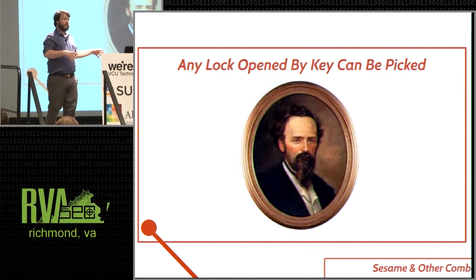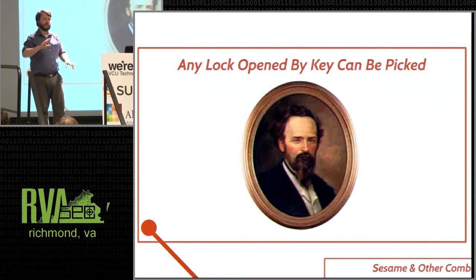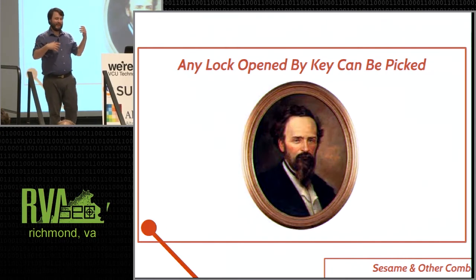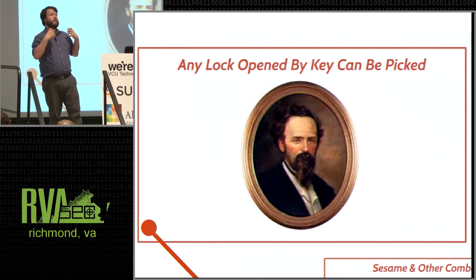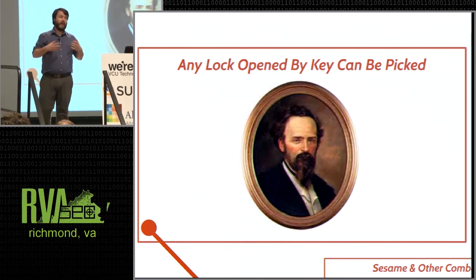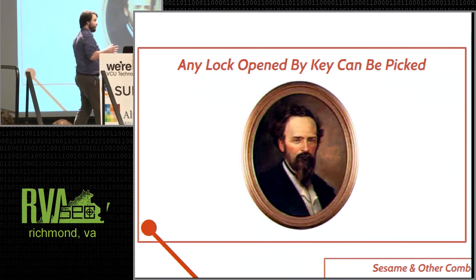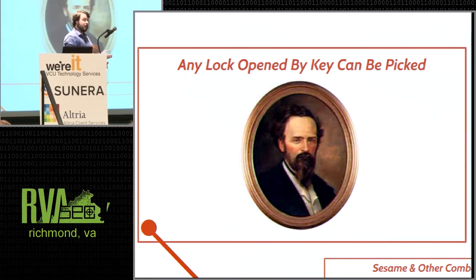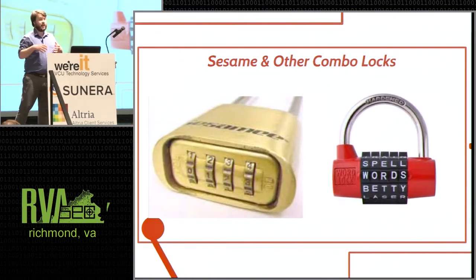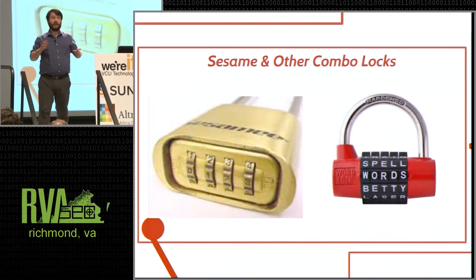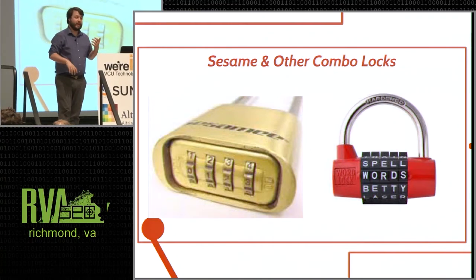Linus Yale Jr. comes out, and in painfully flowery language, so I'll simplify it here, he says, any lock that can be opened by a key can be picked. The tentative method was such a powerful force that he finally decided that there was no security through key-based locks. To that end, he and many other people became very interested in combination locks.